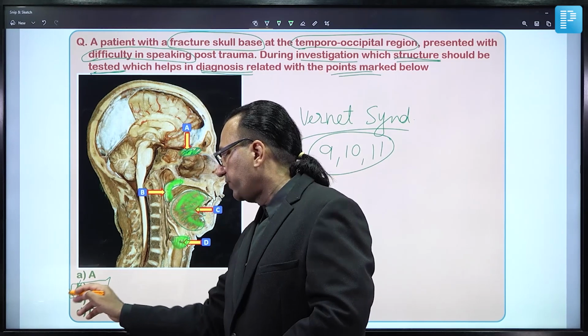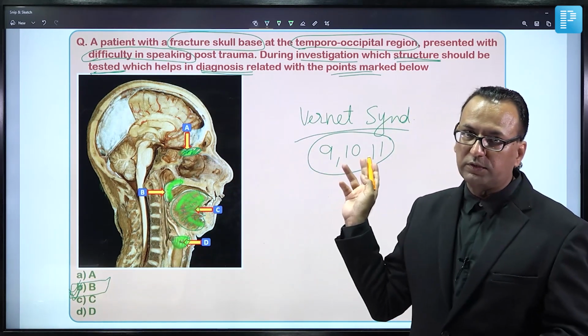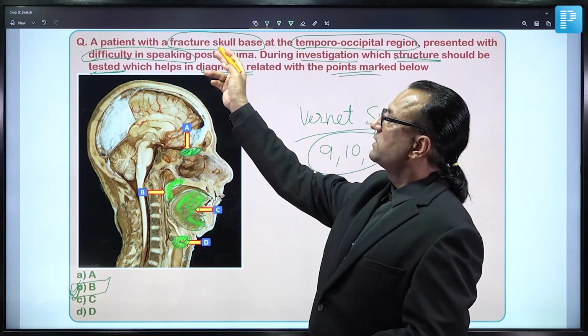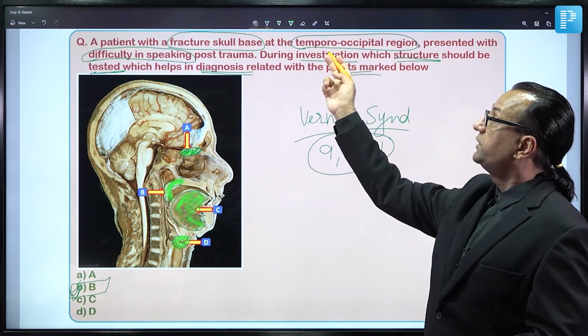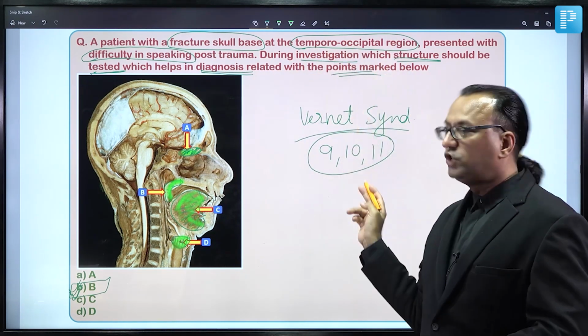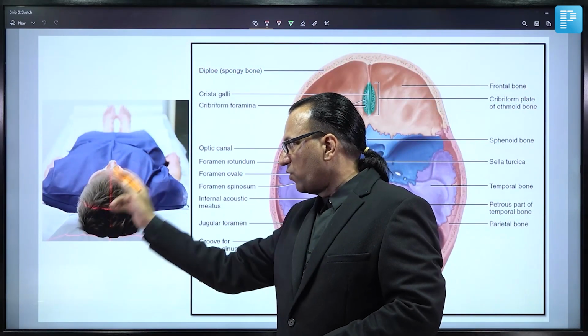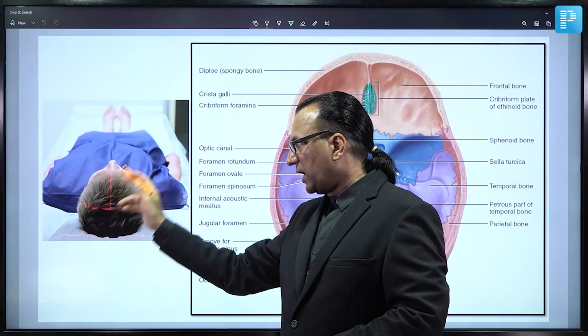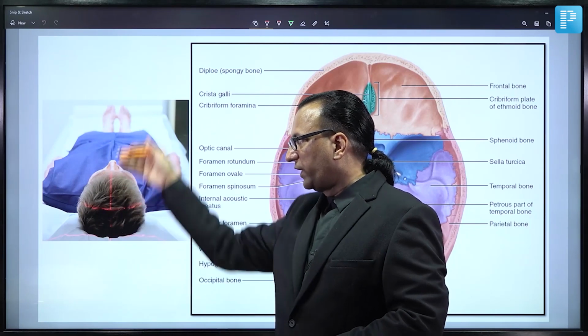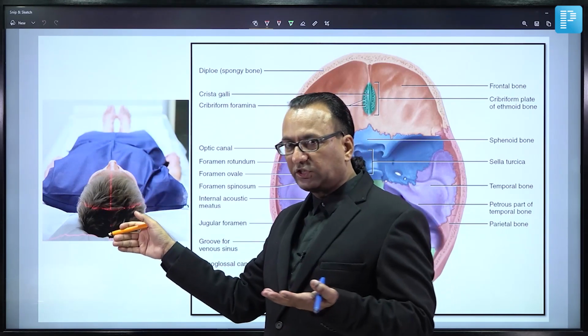And we have a lot of details to talk about. Let me take you to the skull base and the temporo-occipital region. That is where we have got the jugular foramen. This is looking from the superior view. We have removed the skull cap, the brain, so that we are looking at the floor of the cranial fossa or the base of the skull.